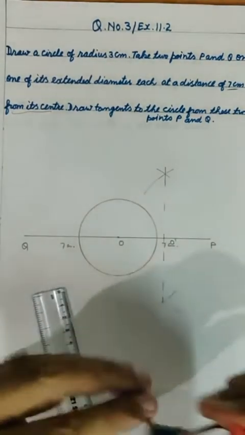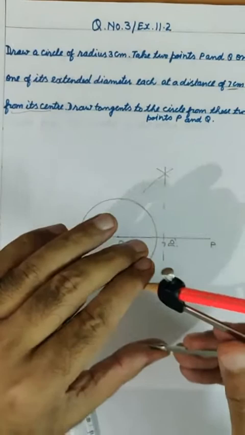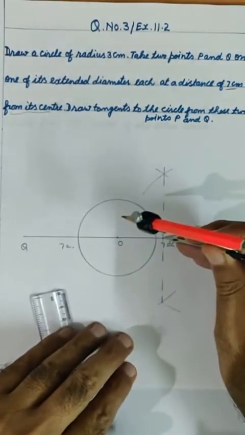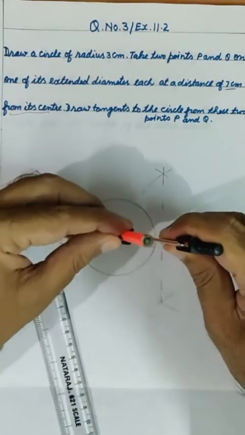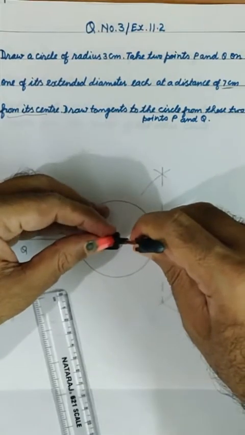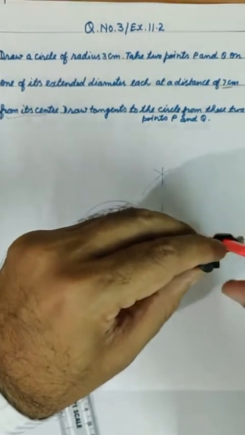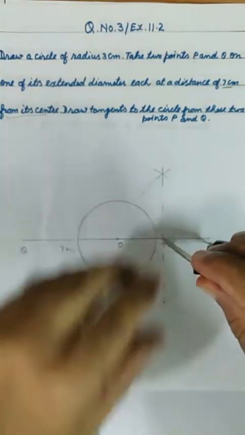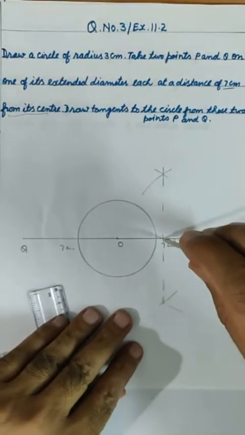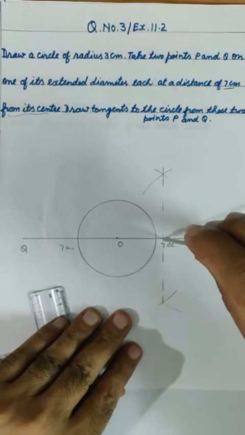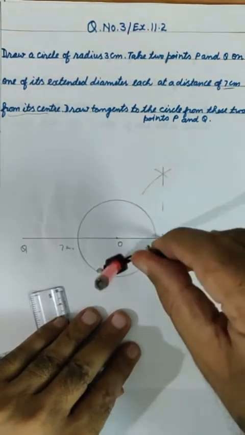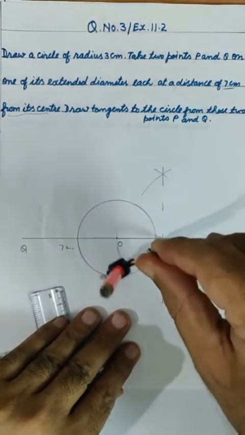Same as before, you have to draw a circle whose radius is O dash O. You can open this and you can see O dash P is the same, because it is the midpoint of this OP. Draw this circle.